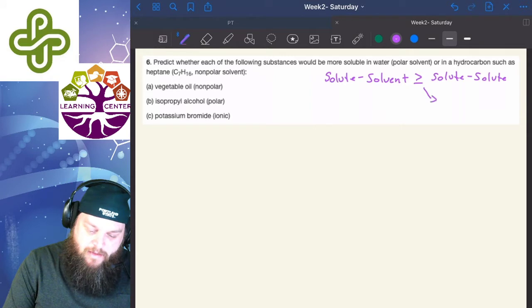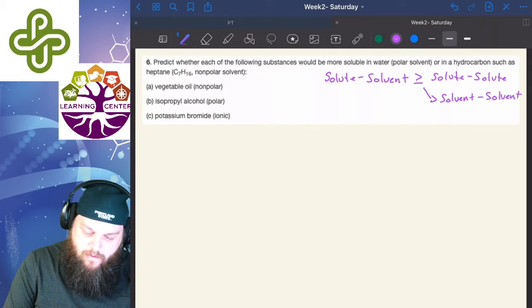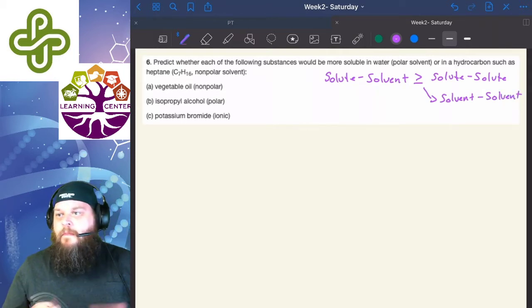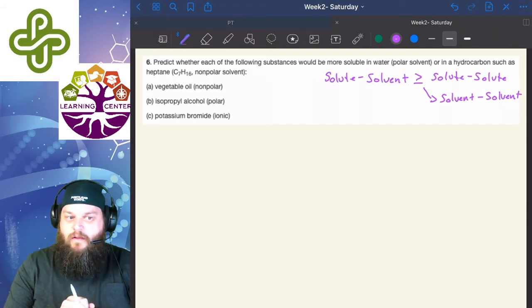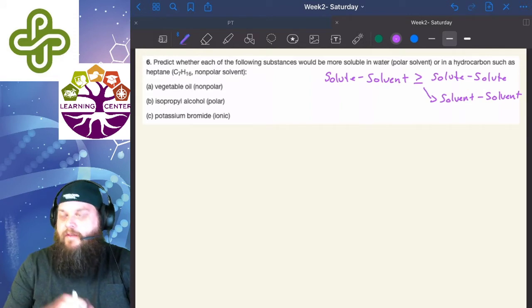The same thing is true for the solvent forces: if the solvent molecules bond to each other better than they bond to the other things, you're not going to get something that's miscible. They're not really soluble in each other.